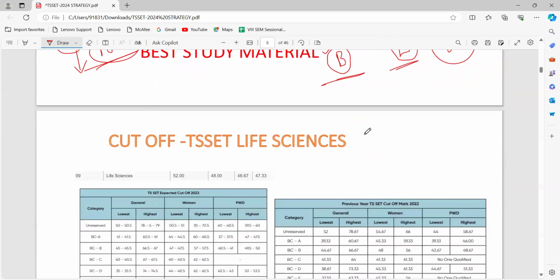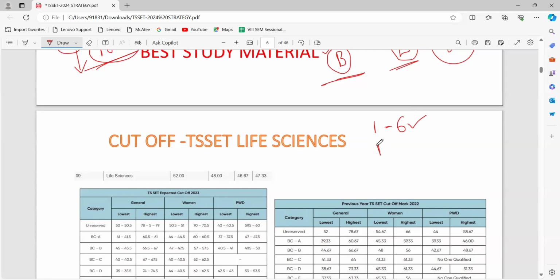Now I will tell you which 10 to 11 units are most important for the TS SET. Remember, everyone, units 1 to 6 are extremely important, whether you are from a botany, zoology, microbiology or biotechnology background. You have to read units 1 to 6 compulsorily.